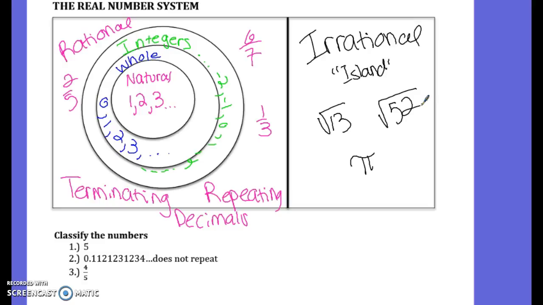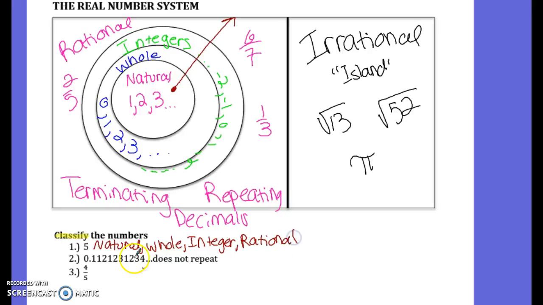Now, when you have these directions to classify, I always look, what's the smallest circle it fits in? So number 1 is 5. The smallest circle that it fits in, I'm going to say, oh, it would fit in the natural. And then you work your way out. If it's natural, it was also whole, it was also an integer, and it was rational.